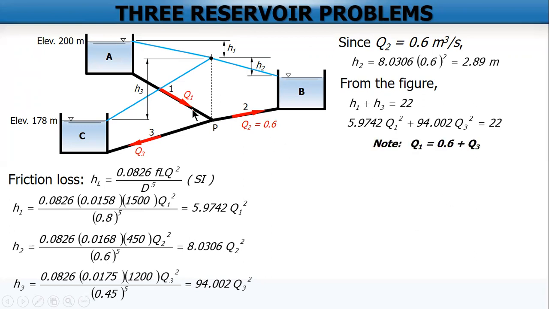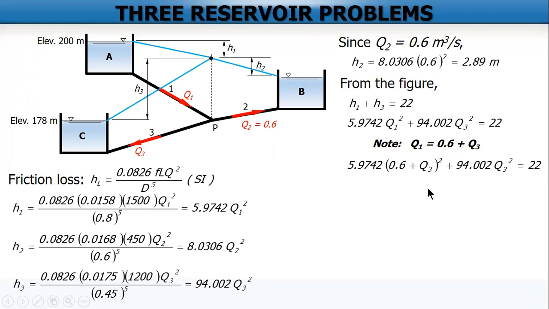Entering equals leaving, Q1 equals 0.6 plus Q3. So, we have two equations, equation 1 and equation 2. And we can solve for Q1 and Q3, or we can solve the equation by substituting this one to this equation. Q1 equals 0.6 plus Q3. Ito i-substitute there. And we have this.